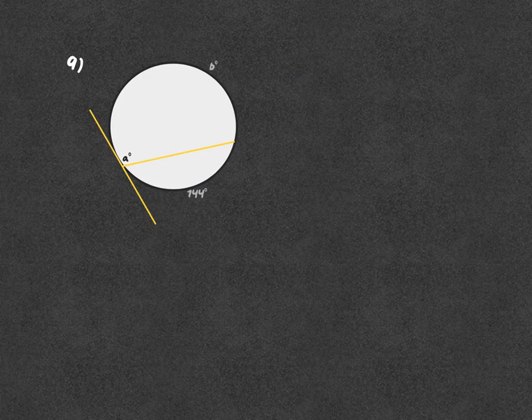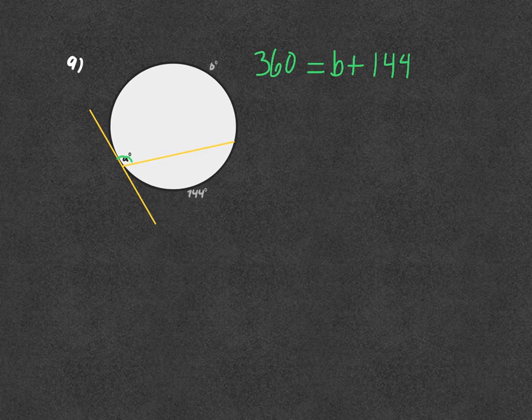For this next example, we have A being this angle right here, and then B being the big arc. So I'm going to start actually by finding b, because I know b plus 144 has to equal the entire circle, which is 360 degrees. So b is going to equal 360 minus the 144.